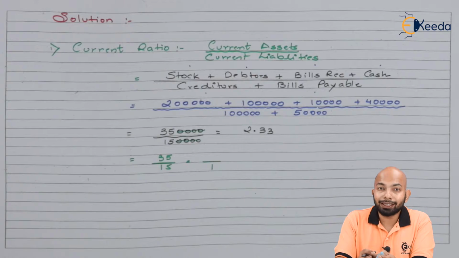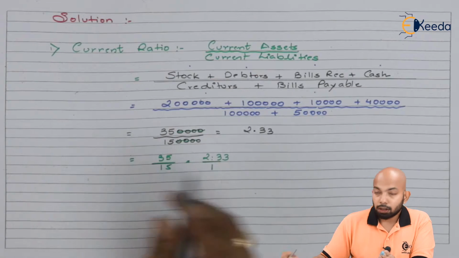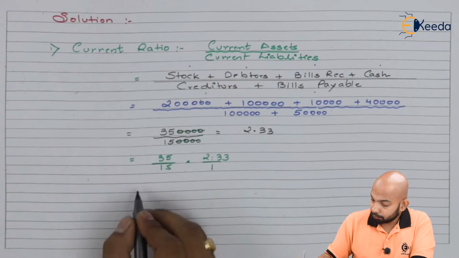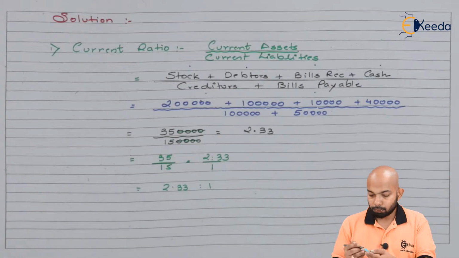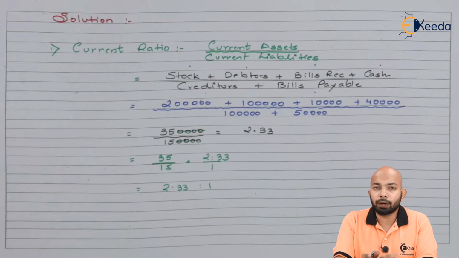So the current ratio is 2.33 is to 1, or you can simply call it 2.33 because the denominator itself is 1.